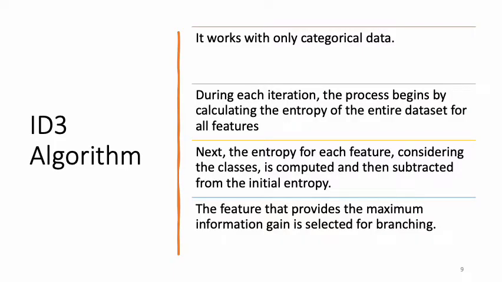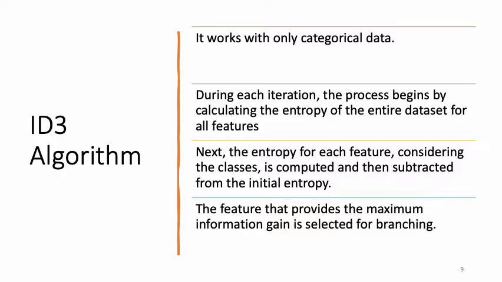According to Quinlan, decision tree branching should aim to maximize information gain. To achieve this, we need to identify the feature that reduces uncertainty the most. In the ID3 algorithm, each feature is evaluated individually to determine which one minimizes uncertainty the most. ID3 is designed to work with categorical data.